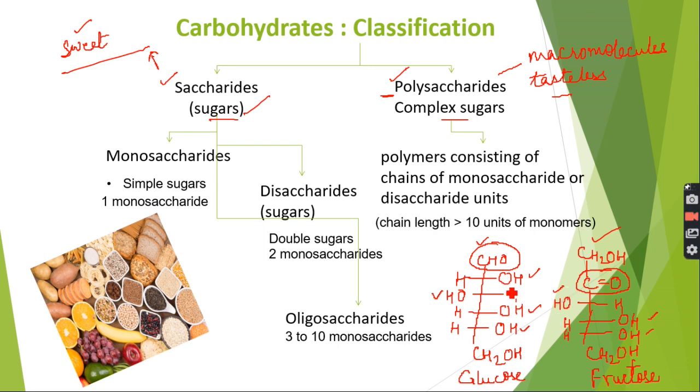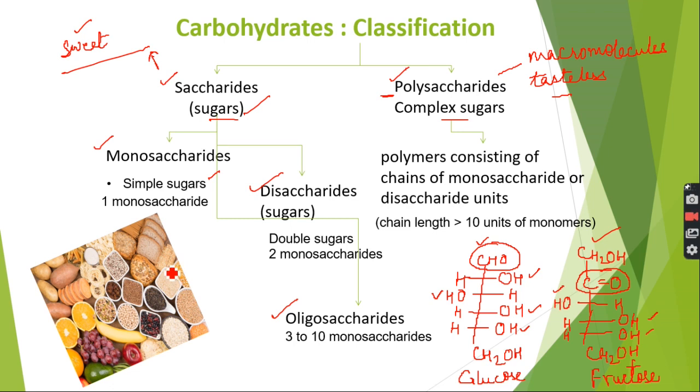So now let us see what the classification is. As you can see over here, they are classified into mono-, di- and oligosaccharides. Monosaccharides, what are monosaccharides? I would say they are the simplest form of carbohydrates. In fact, they are also called simple sugars. It means you cannot hydrolyze a monosaccharide further into another carbohydrate.